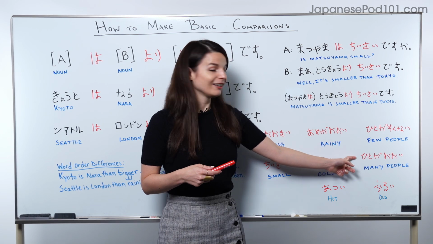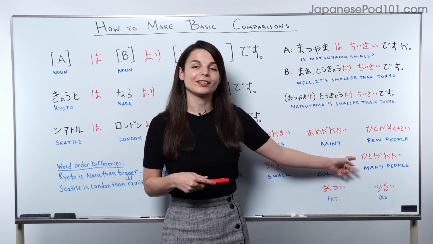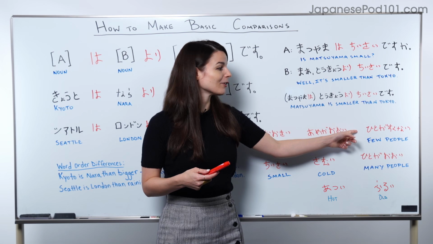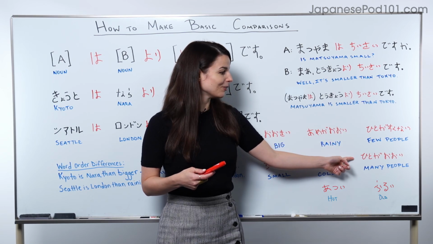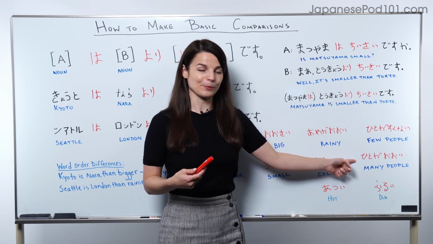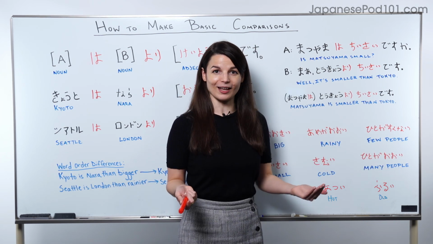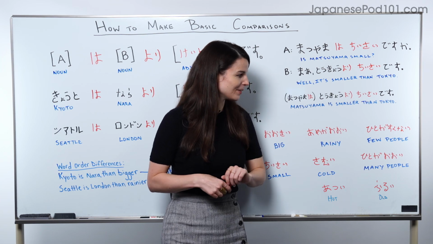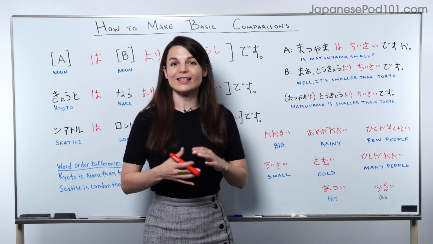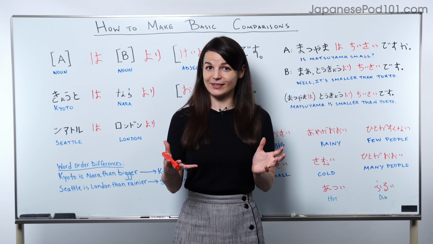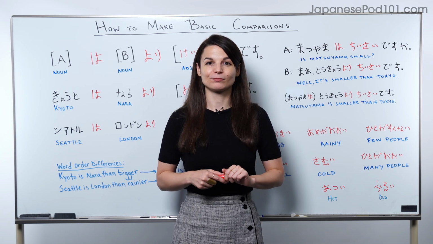And 人が多い. Just like with few people, 人が多い is 人, person or people, が, subject marker, 多い, many or lots of, many people. So this is how we make basic adjective comparative sentences in Japanese.